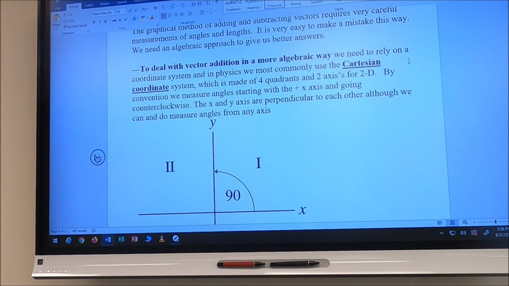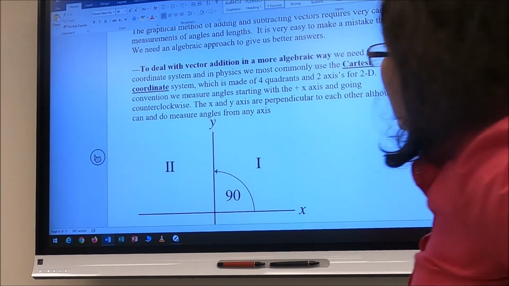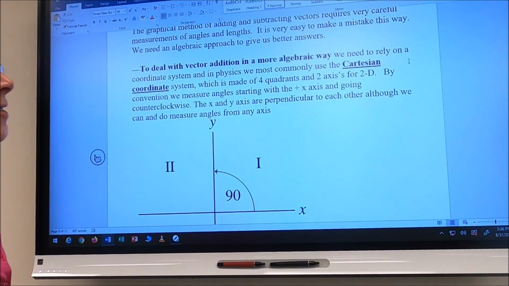Now, the graphical method for adding and subtracting vectors requires some very careful measurements of angles and lengths. It's very easy to make a mistake this way. So when we're doing physics, we don't really use the tip to tail method other than to make pretty drawings, because we want good numbers. We'll deal with vectors in a more algebraic way. And our algebraic approach is going to depend on the Cartesian coordinate system, which you're all familiar with.